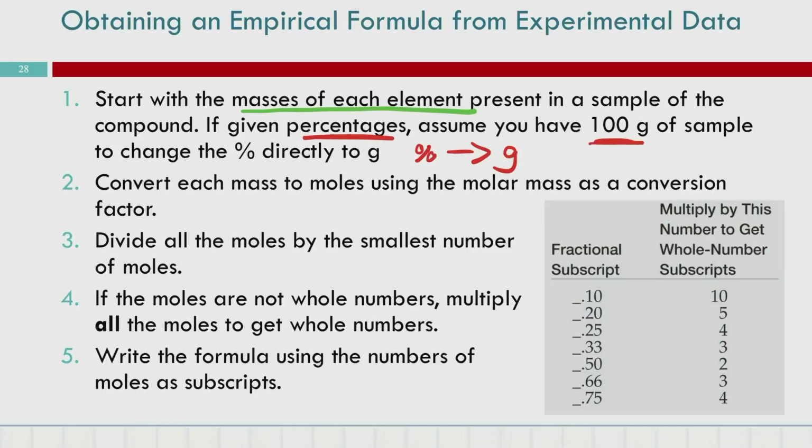Then we want to convert mass to moles using molar mass. Our formulas tell us the relative number of atoms of each thing. The atoms are different sizes. Some atoms are really big, really massive, really heavy. Others are really small. If we're doing it by grams, that's just telling us what the scale would read out if we put those atoms on the scale versus the other atoms.